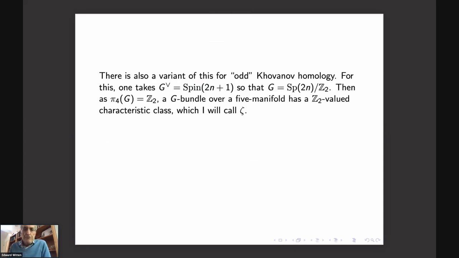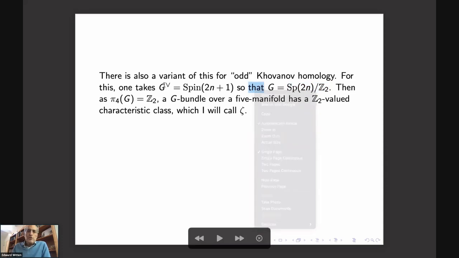And then pi4 of G is Z2. So a simple Lie group that has non-trivial pi4 is of type Sp(2n) or Sp(2n) mod Z2. So that's why I consider precisely this class of dual groups. So for other groups, pi4 would be trivial, but for the symplectic group, pi4 is Z2.